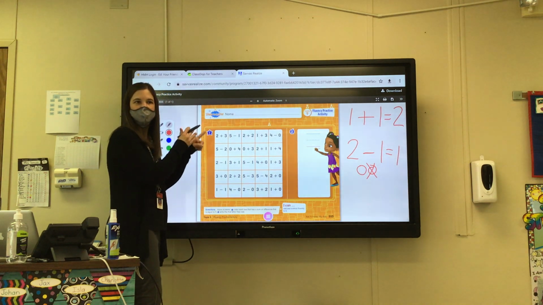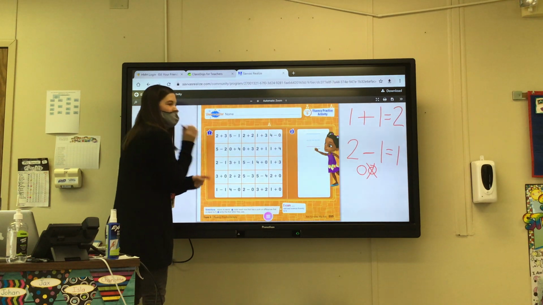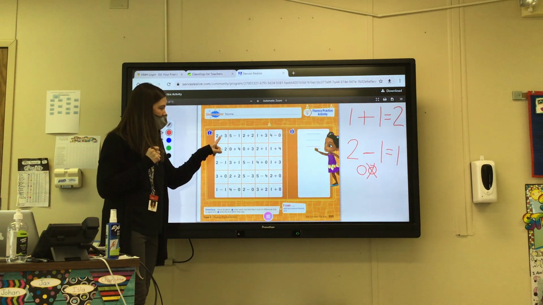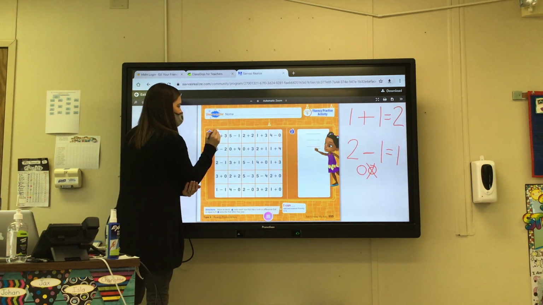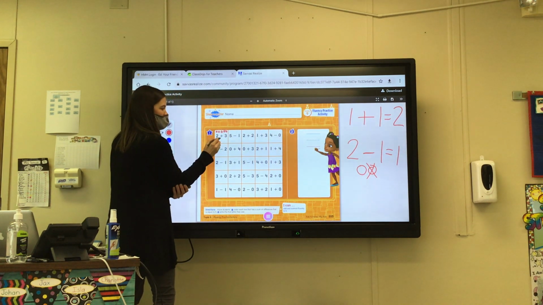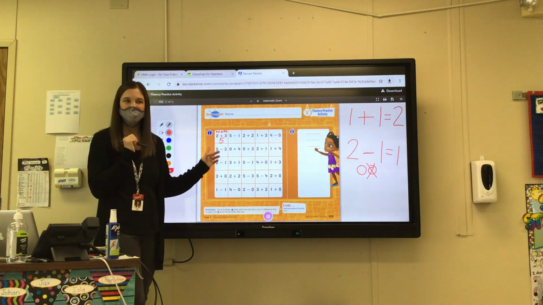So look here. When you do this, everybody? Plus. So we know we're adding. So you can take 2 circles plus 3 circles equals how many altogether? 5. 2 plus 3 equals 5.